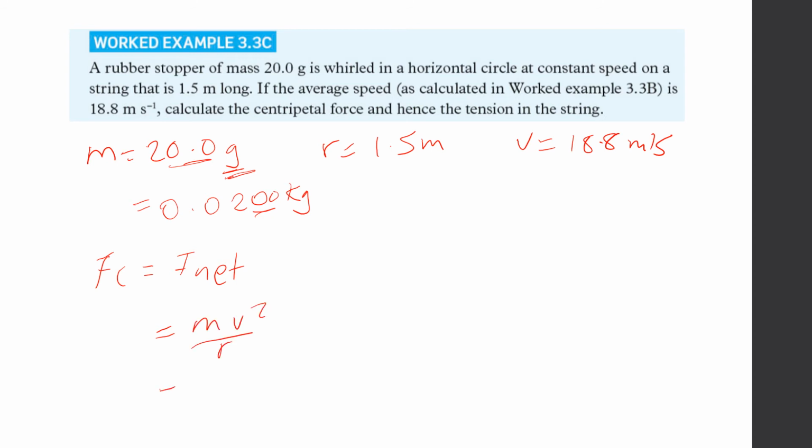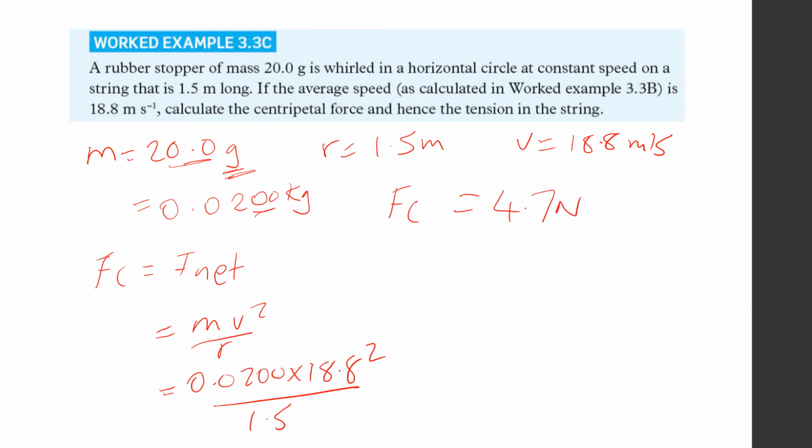Plug in the numbers that we've put above. So 0.0200 times 18.8 squared divided by 1.5. That gives us a value of FC, or F net, of 4.7 newtons.